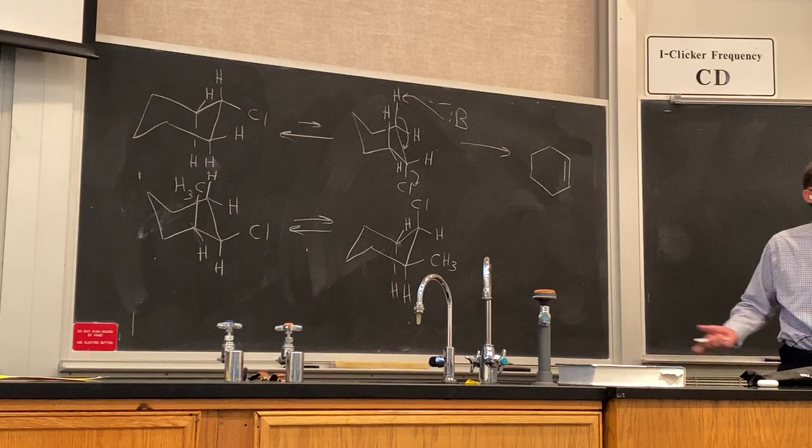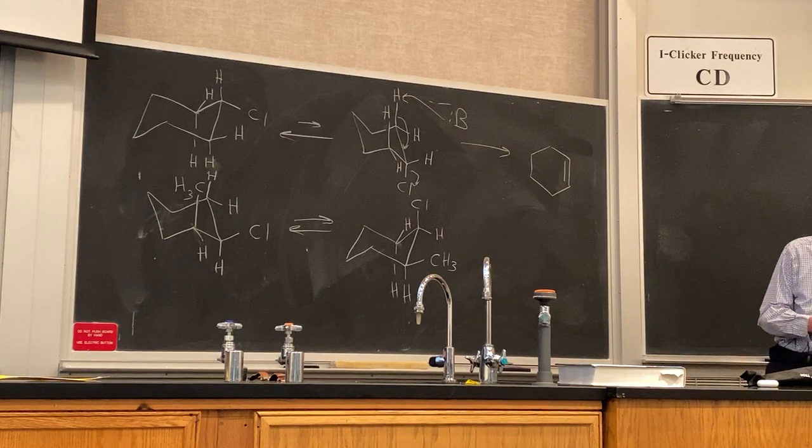Okay. Which of these two chairs would be lower in energy? The left or the right? Yes, Morgan? Yes, it would be the one on the right. So the question basically asked, what's bigger, a methyl group or a chlorine?